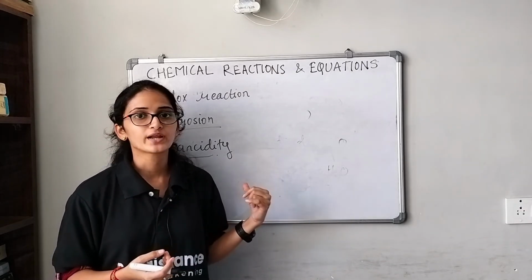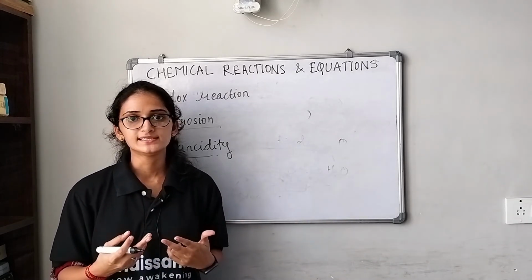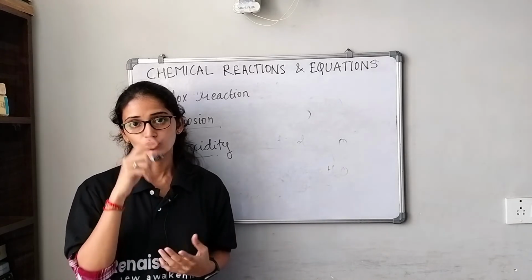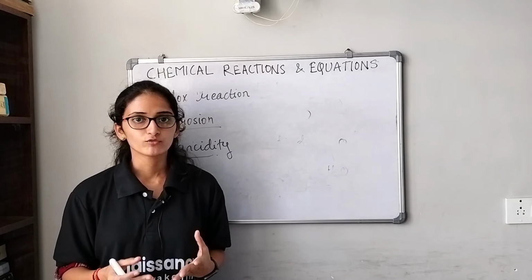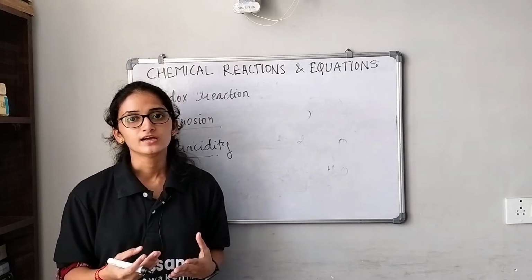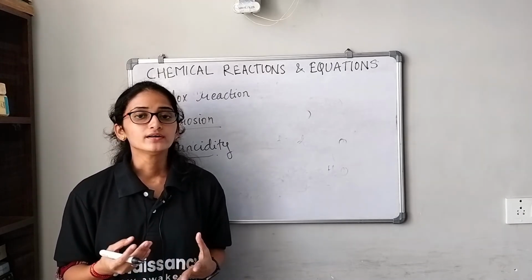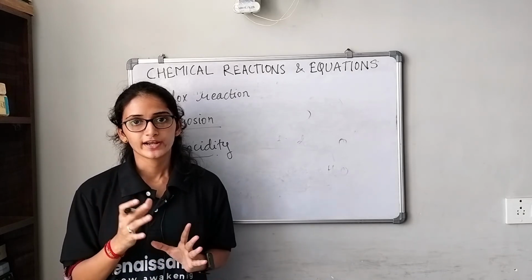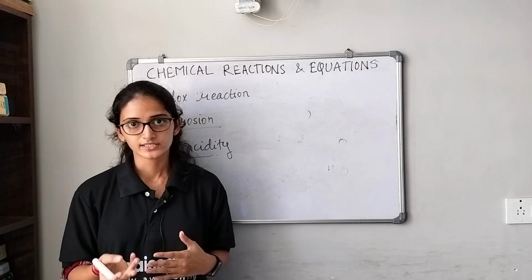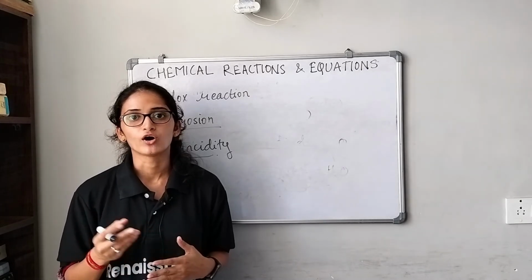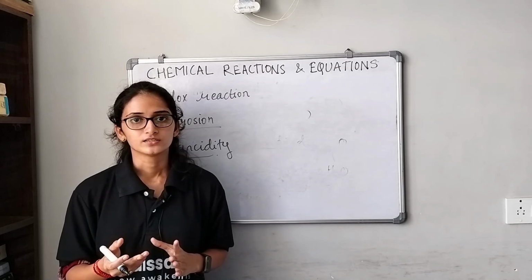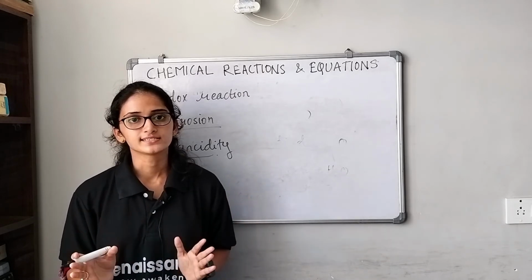In the case of food items, especially fats and oils, when they are kept at room temperature for a longer time, they get oxidized, which means they become rancid. When food items, fats or oils get oxidized, that is called rancidity, and the food items are said to be rancid.